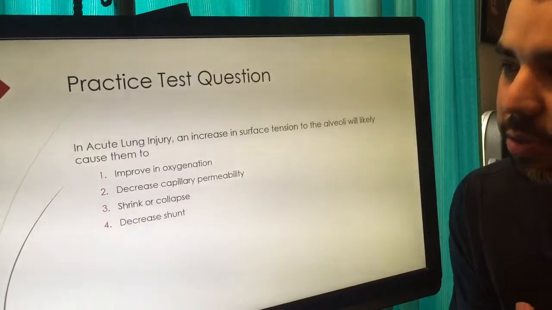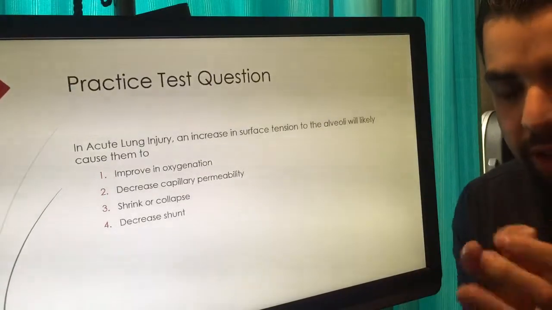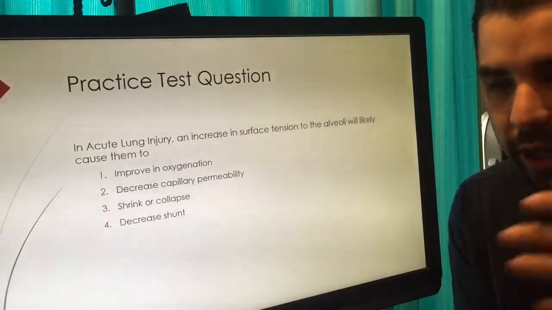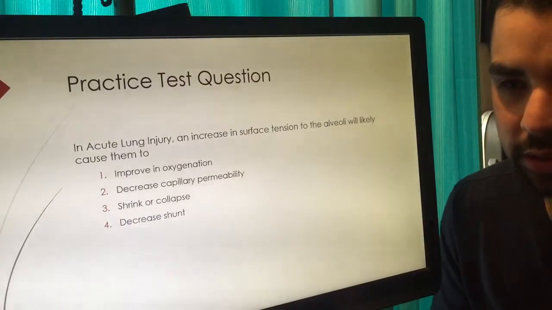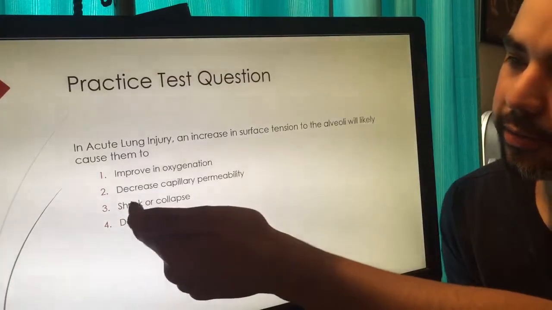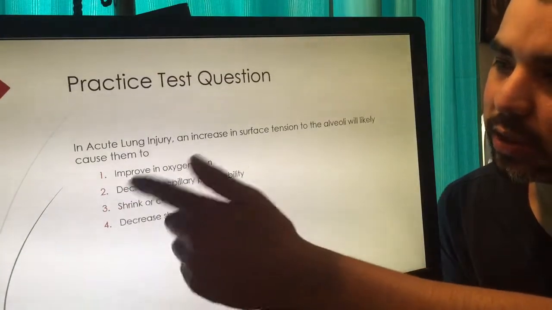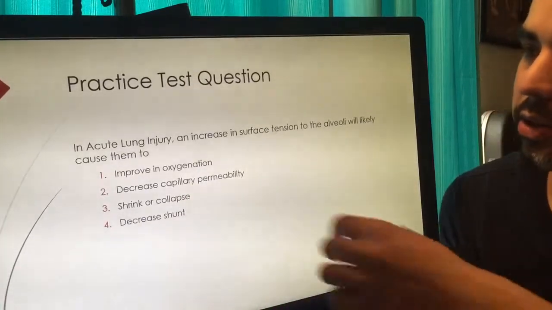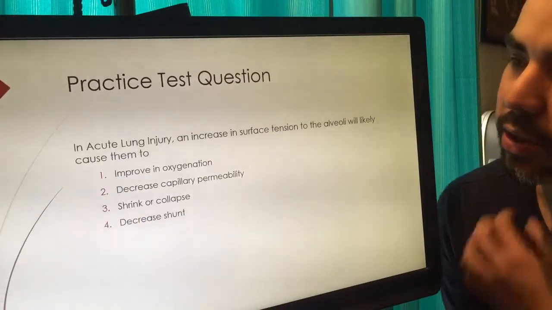So it's going to increase the bringing in of fluid into the alveoli and cause it to shrink and collapse, which I just said. The answer is right here. All these pertain to that one thing. It's a cool way I set that question up.